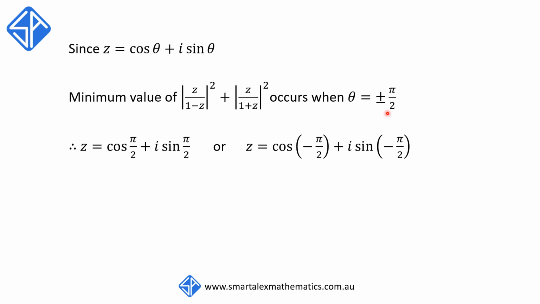And when we sub theta is equal to negative pi on 2, we get the other value of z, which is cos negative pi on 2 plus i sine negative pi on 2. And simplifying this, we get z is equal to 0 plus i, or z is equal to 0 minus i. In other words, the values of z for which the minimum value for this expression occurs is when z is equal to i or negative i.